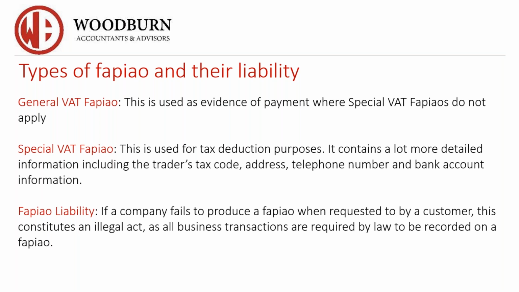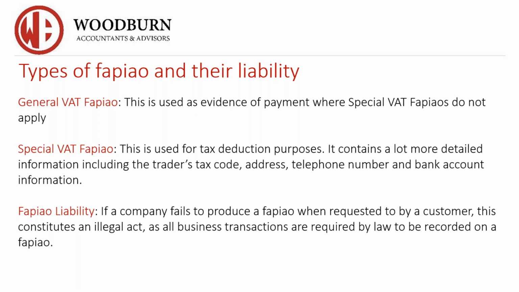So the special VAT Fapiao, and I'll show you a sample of this, because it is used for tax deduction purposes, it contains a lot more detailed information, including the trader's tax code, address, telephone number, bank account information, okay?